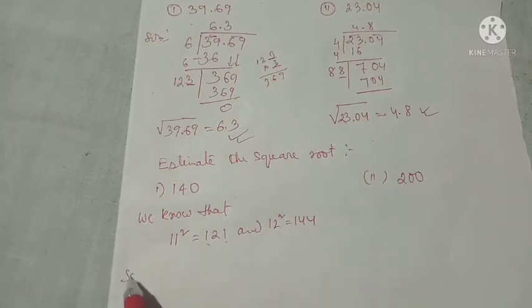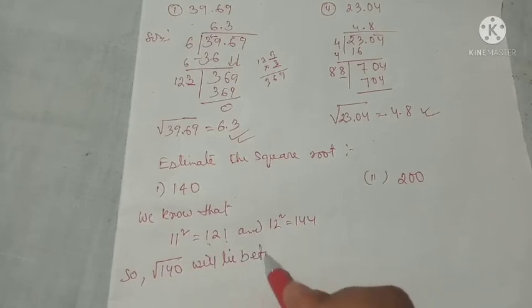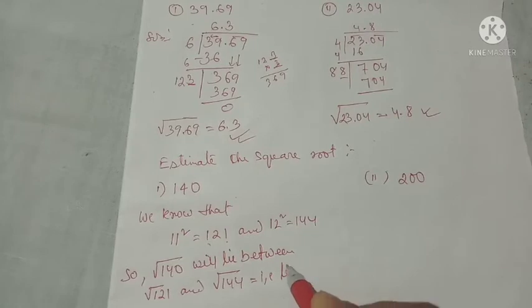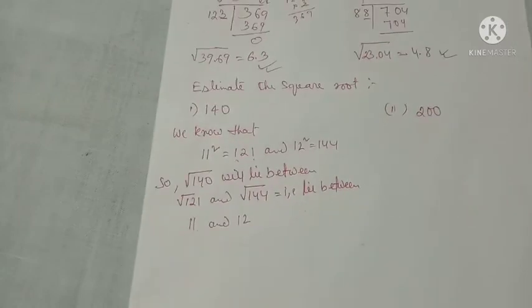So we can say that the square root of 140 lies between 11 and 12.